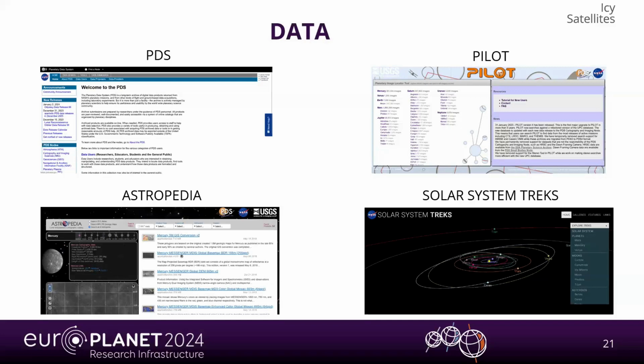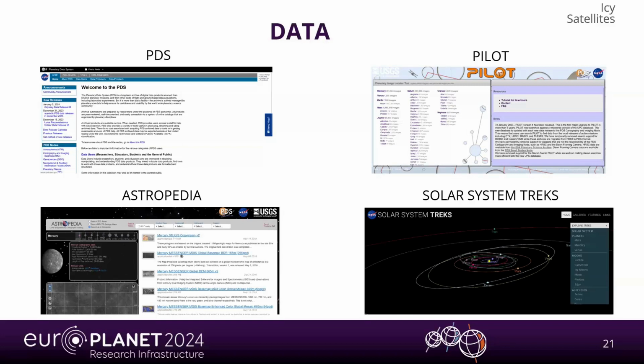This archive is managed by planetary scientists to support the worldwide planetary science community. Another website where you can find data of icy satellites is PILOT, the Planetary Image Locator Tool, a web-based search interface that allows you to select the data on the areas that we need to investigate in an interactive manner.